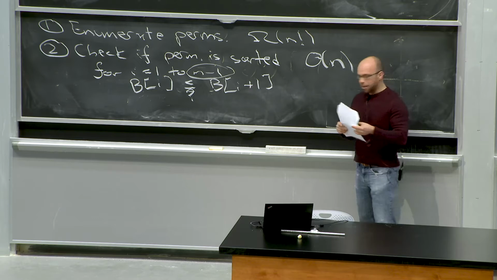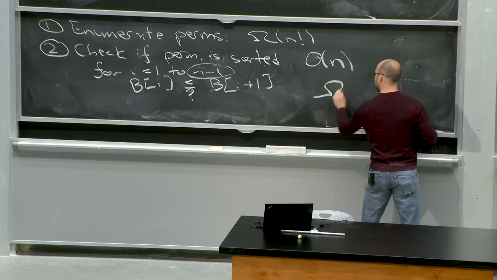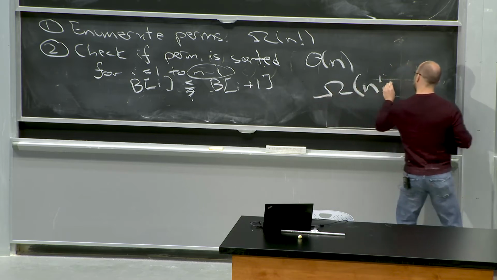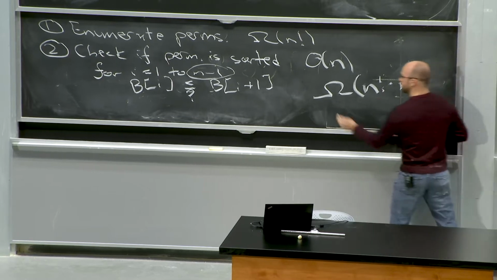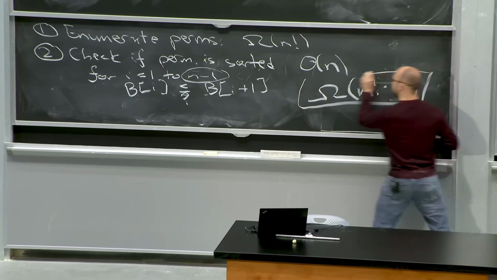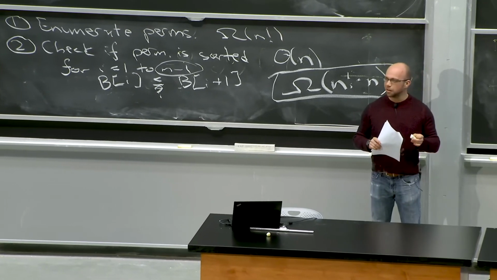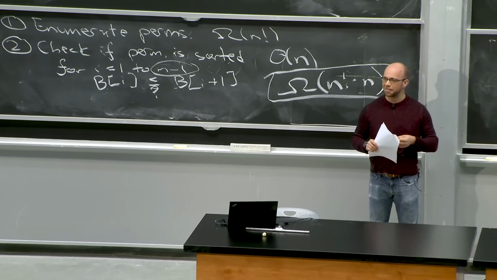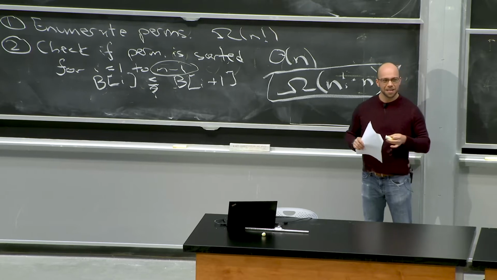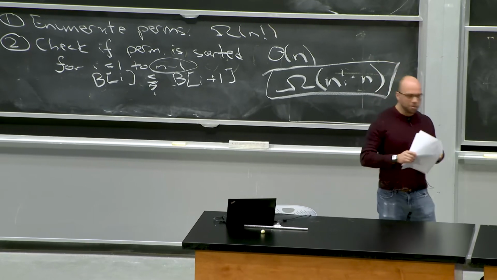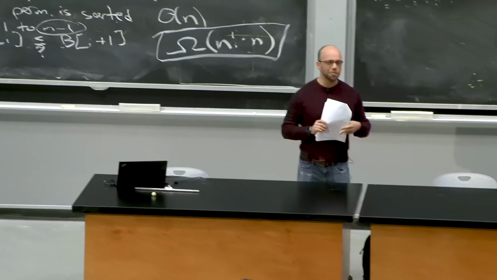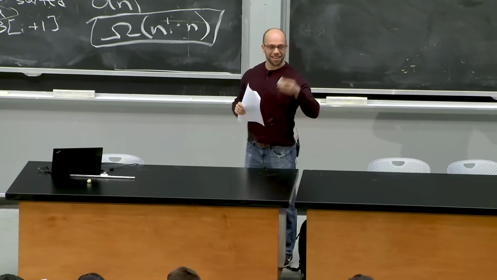So at the end of the day, our algorithm takes at least n factorial times n time. It's a great example of something that's even worse than n factorial, which somehow in my head is like the worst possible algorithm. So do you think that Python implements permutation sort? I certainly hope not.